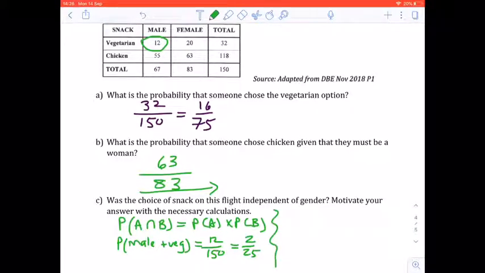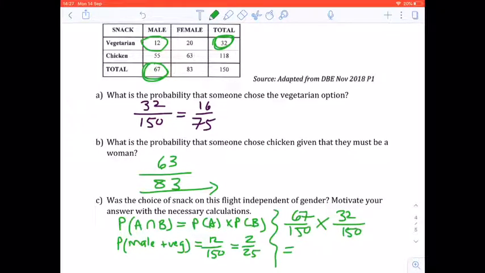And then I'm going to do the probability of male times the probability of vegetarian. The probability of male is 67, so that's the total number of males. So 67 over 150 times the probability of vegetarian, which is 32, so we have to look at the total, 32 over 150.